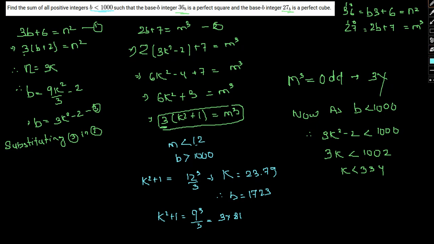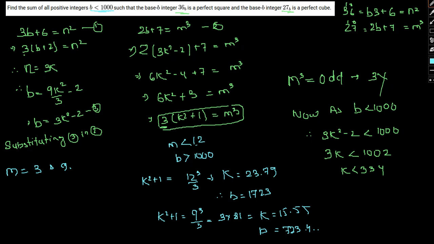If we solve this, we have the value of k being 15.55, and if we substitute in equation 3, we have b equal to 723.4 something. So here the condition is satisfied. Therefore the values of m will be 3 and 9.